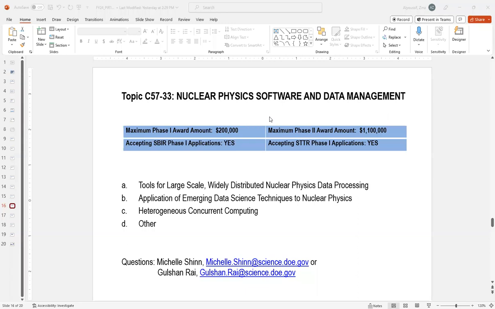the experiments that we have, particularly in our flagship facilities, CEBAF at Thomas Jefferson National Accelerator Facility, also called JLab or Jefferson Lab, and the Relativistic Heavy Ion Collider at Brookhaven National Laboratory, annually produce 50 to 100 petabytes of raw data.